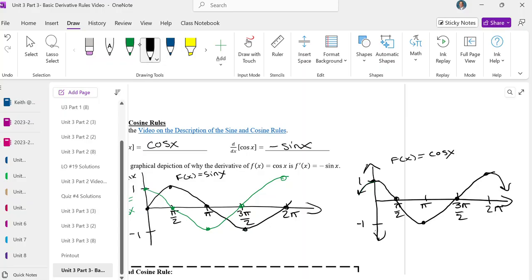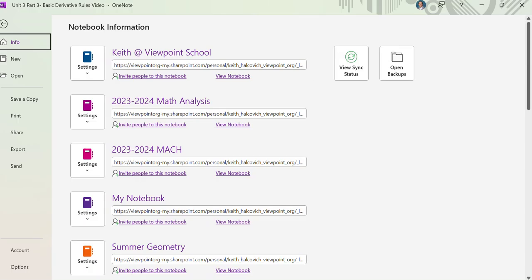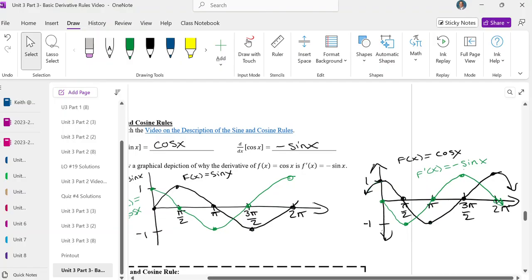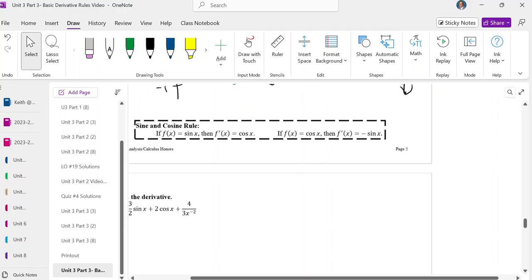If we look here, the slope is 0. Here it's going down, so it's negative 1. Here it's 0. Here it's going up. And then here it's at 0. So here's the graph of the slope, which is the derivative. Notice this graph is the graph of negative sine x, because normally sine goes up, but here it's going down. So those are the graphical depictions of why those are the derivatives for sine and cosine.